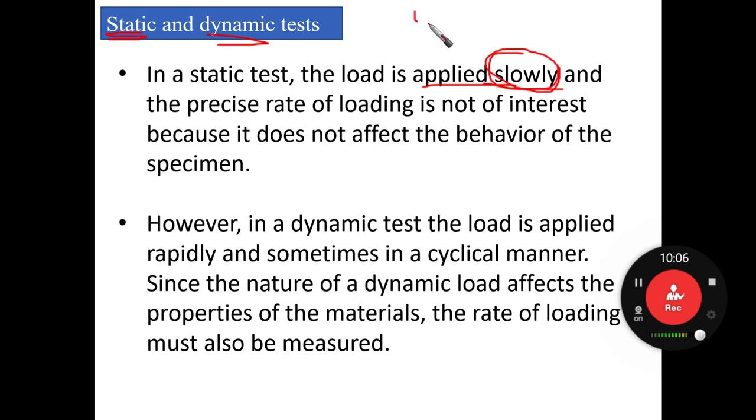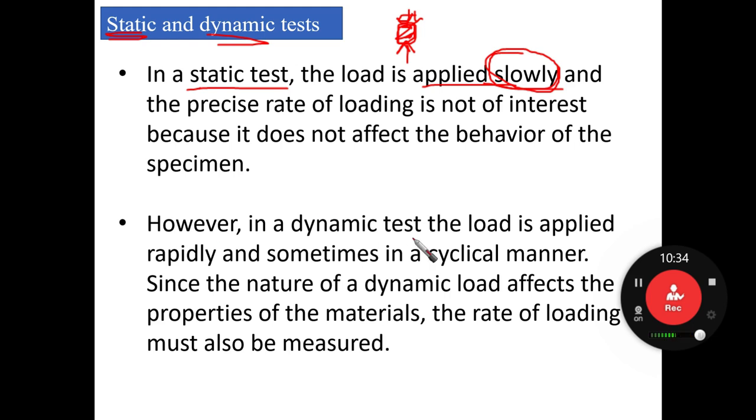Whenever we apply the load on the specimen, we're not expecting anything related to the rate of loading on the specimen itself, so we are applying the load statically. We need to know the static behavior of the material or of this element. So this is what we call the static test.